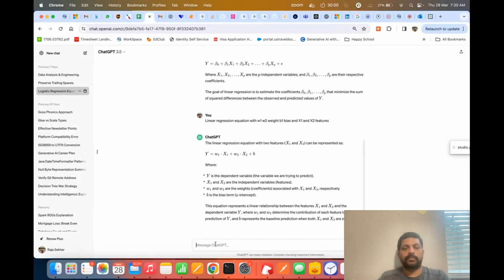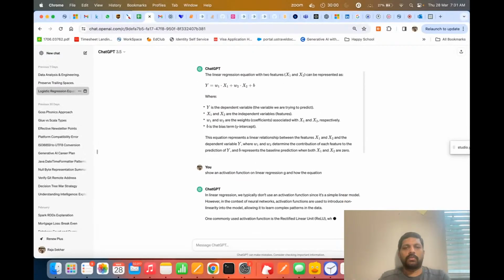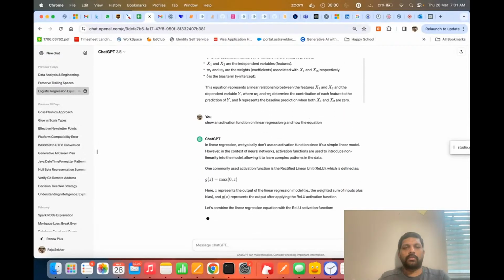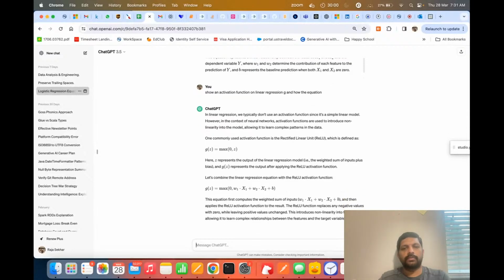So G of Z. So it will be like this. If we take ReLU activation function, G of Z will be like this.